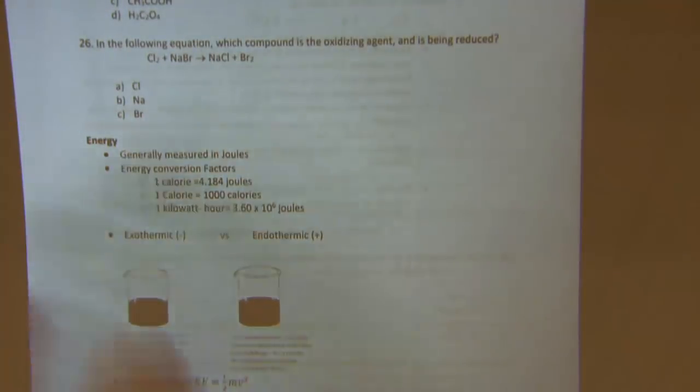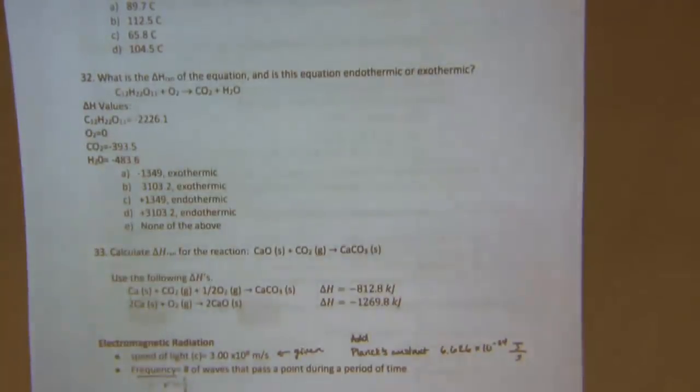So moving on. Where's the next page? Yeah, Planck's constant will be given as well. So this is out of order.